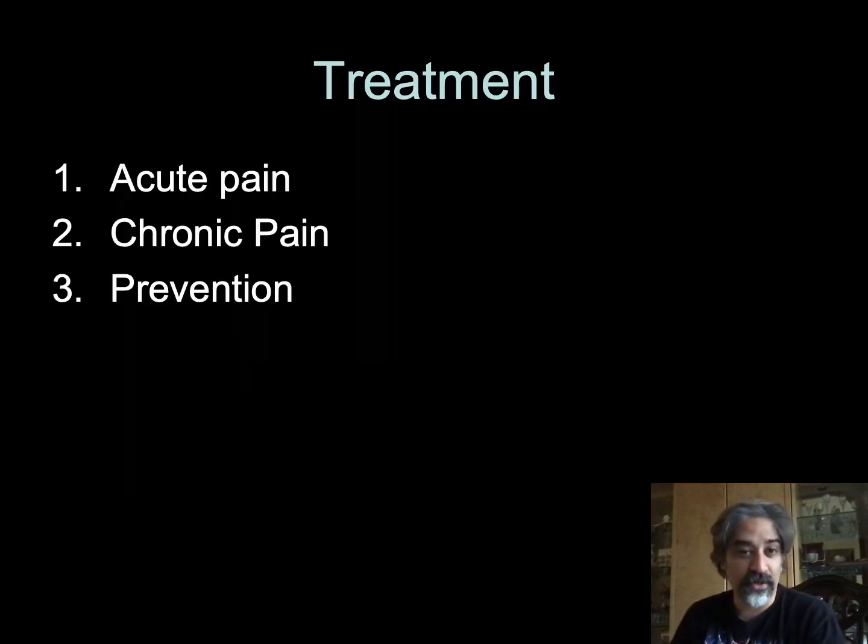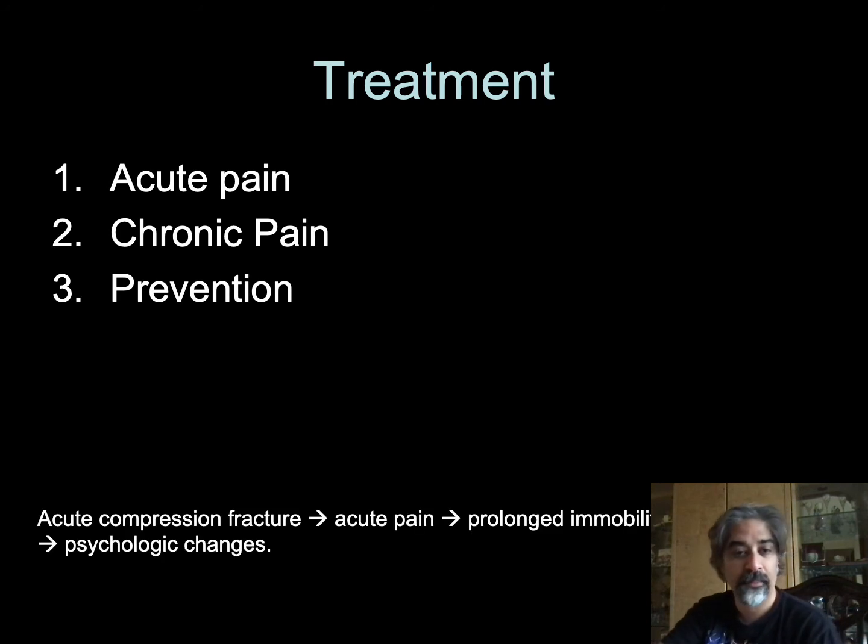So let's look at how to treat it. I break it down basically into the acute pain, then the chronic pain, and then the preventive measures that we can do. And most patients are going to make a full recovery or at least significant improvement from their compression fracture overall after 6 to 12 weeks and can return to normal exercise programs after the fracture is fully healed.